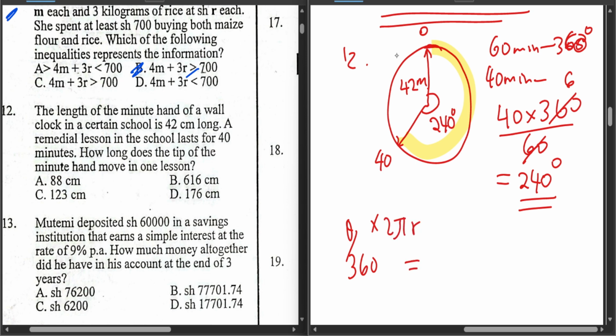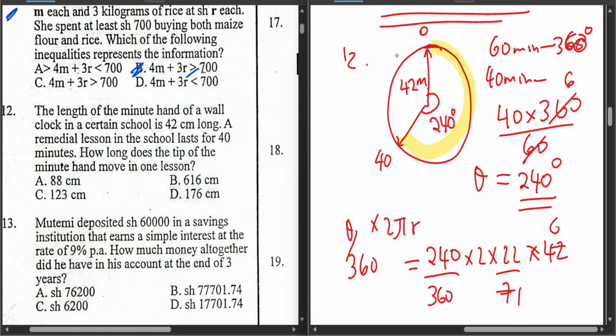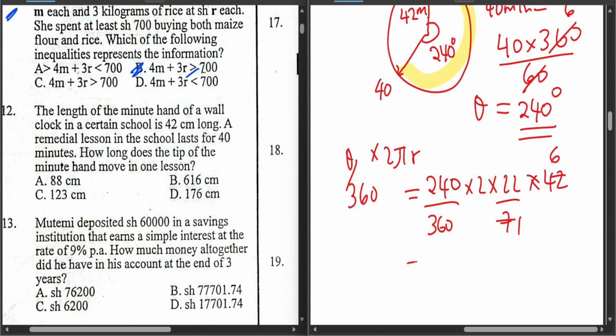Now we know theta is 240 degrees divided by 360 times 2 times 22 over 7 times the radius, which is 42. So you can do everything to 240 over 360 times 2 times 22 times 6.